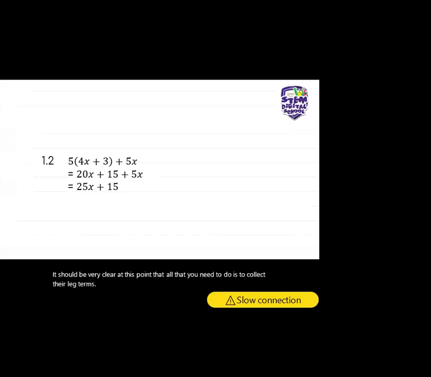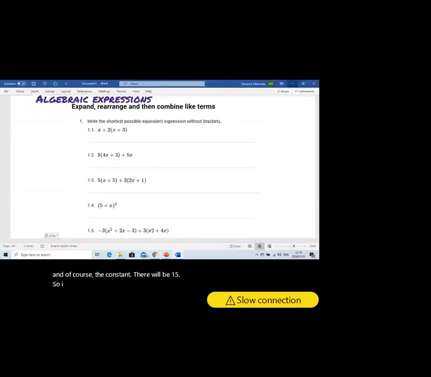Cesar, I see you have collected the like terms. 20x plus 5x gives you 25x. And of course, the constant there will be 15. So I do hope that you are now able to just simplify and write it in the shortest possible form.